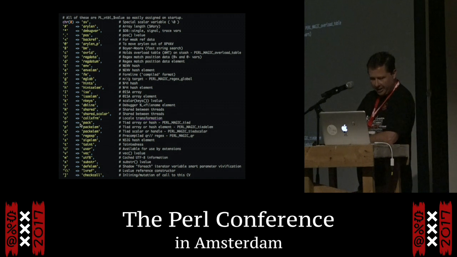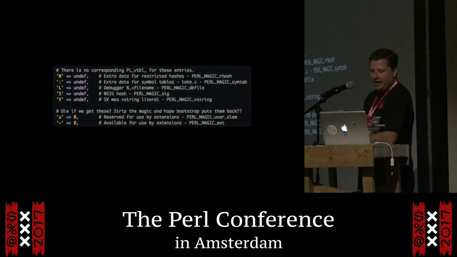But then you have other things like your %SIG hash elements, not the hash itself, but actually the values. Each of those has special magic on them. ISA gets special magic. Also, anything that's tied is going to get one of these magics on it. So this is how Perl does all the special things when you assign a string to $0 and suddenly out in the process table something changed. It's because that magic had a hook in that said, okay, I need to go off and do all these other things.